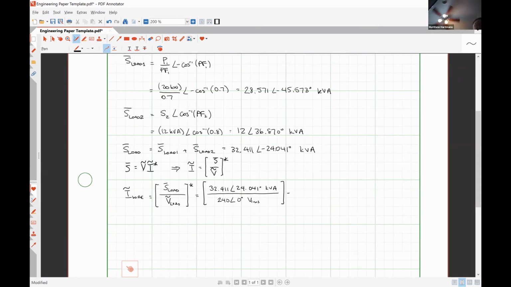So if I perform this math, I get a current of 135.048 angle, oh, sorry, angle positive 24.041 degrees.